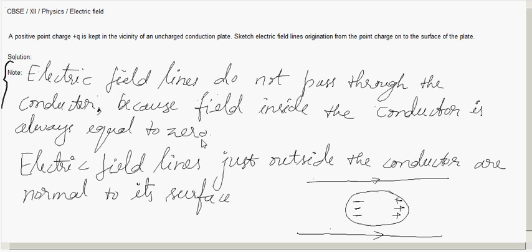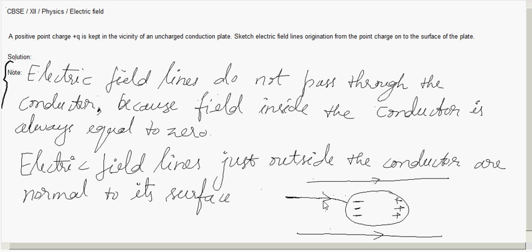The second point says electric field lines just outside the conductor are normal to its surface. So if you have the field lines passing like this, when they fall on this conductor, they will be normal to its surface. Wherever they are touching, they should be normal to that point.